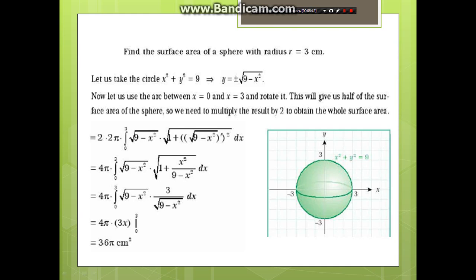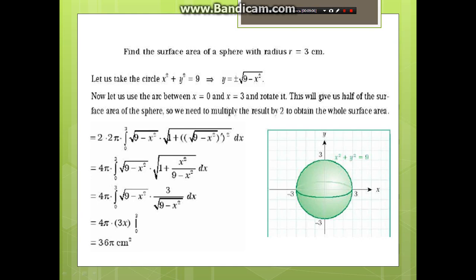For example, find the surface area of a sphere with radius r is 3. Let us take the circle x squared plus y squared is 9. Let us use the arc between x is 0 and x is 3 and rotate it.